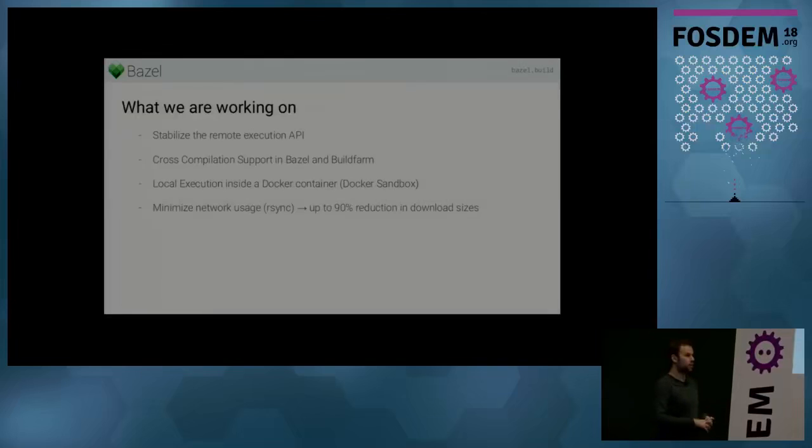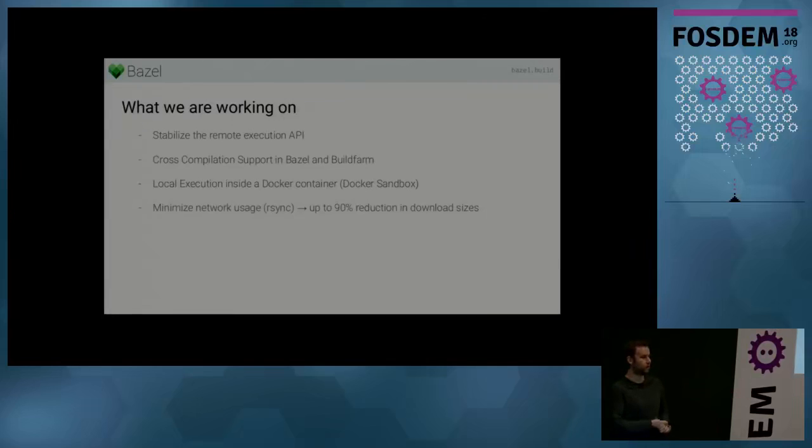So a feature we're working on is Bazel can locally run your actions in a Docker container that you specify. So you will be able to strictly define the environment and the tools that your compiler invocations will run in. And this will allow you to get bitwise identical outputs across machines and across environments, because everything is running in a Docker container.